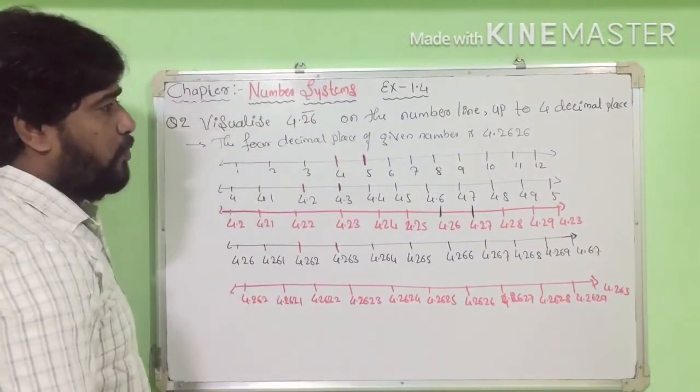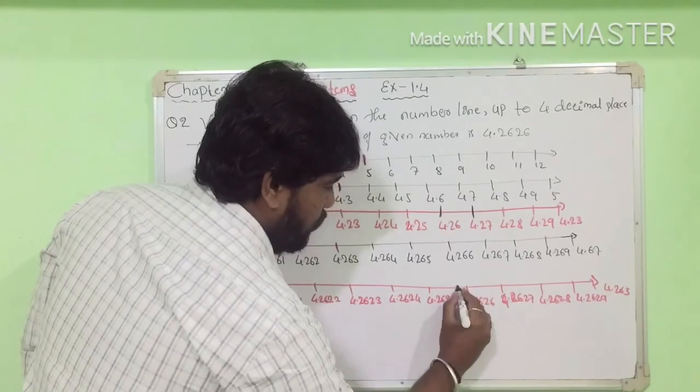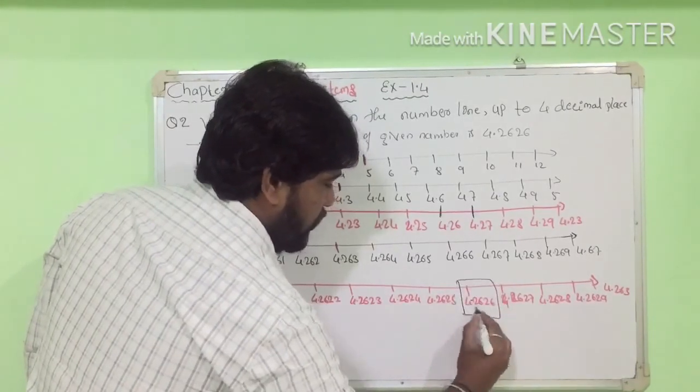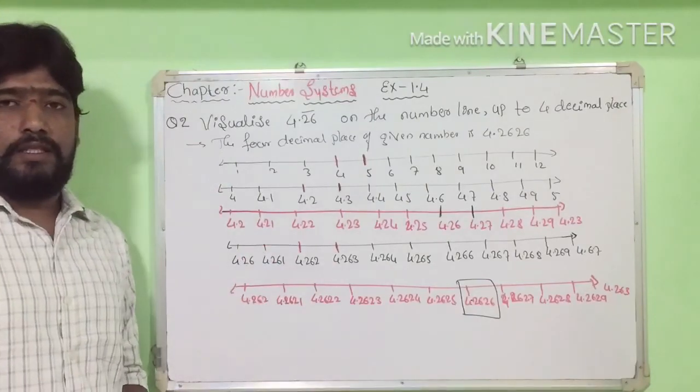So our number is 4.2626. So here is our number. So this is all about this exercise.